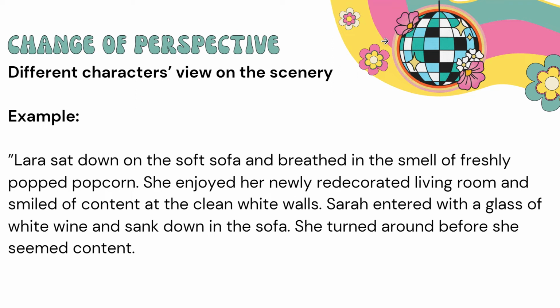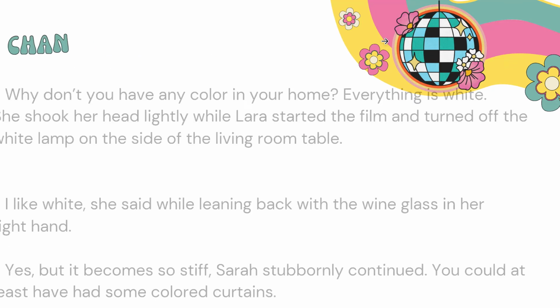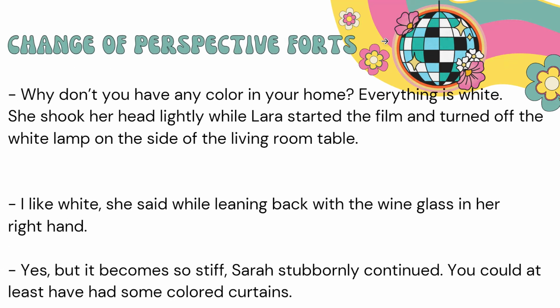Sarah entered with a glass of white wine and sank down in the sofa. She turned around before she seemed content. "Why don't you have any color in your home? Everything is white."